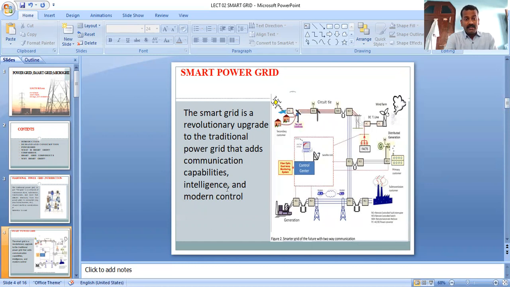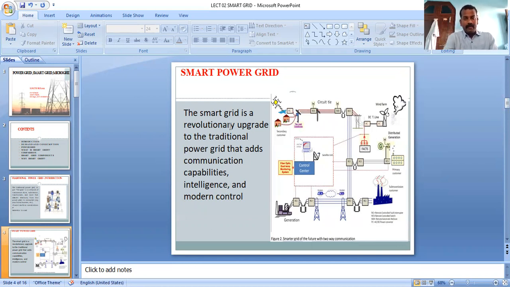Intelligence, what is intelligence? Means smart grid can sense the bad and good condition. Bad or good condition means the criteria or the rated voltage and rated frequency must be held at any time.